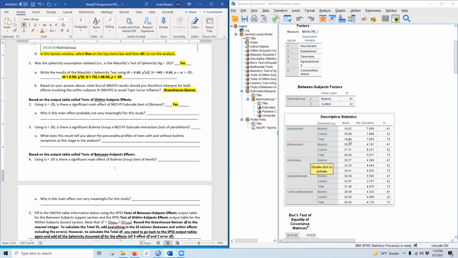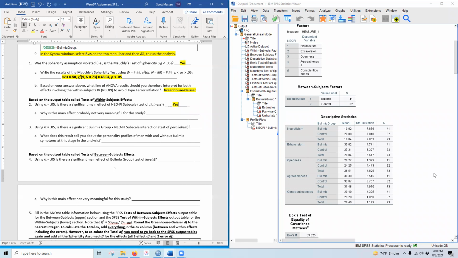It's comparing these 5 means, one for each NEO-PI subscale, combined across both bulimic and non-bulimic males. So that might be of interest to you. You might be like, I want to know how teenage males' NEO-PI subscales sort of flow, right? What's the relative order of them?